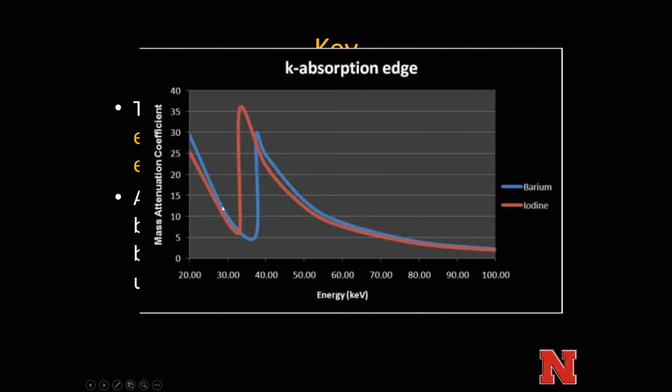So the higher the energy, the more things that are degrading the image, like Compton and coherent scatter going on. And then boom, once you hit that K edge of iodine or barium, a significant amount of absorption occurs right at that K edge of the given materials, and significantly more photons undergo photoelectric absorption then, rather than just being lost as coherent scatter.